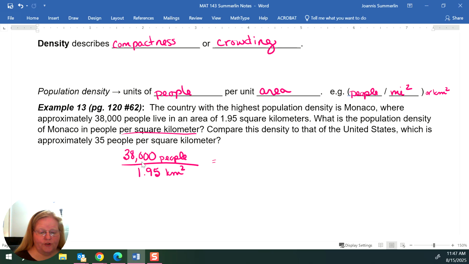So I can put the 38,000 divided by the 1.95 in my handy dandy calculator. When I do that, I get 19487, some extra numbers, but roughly this, people per kilometer squared.